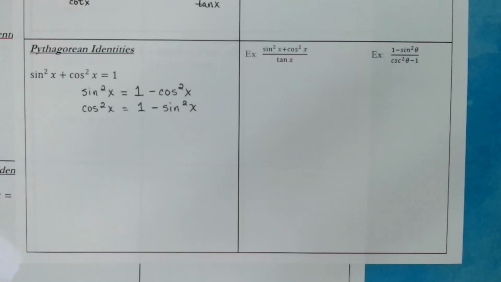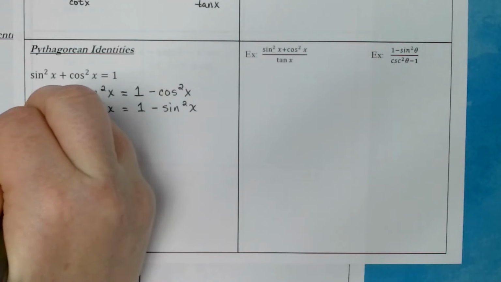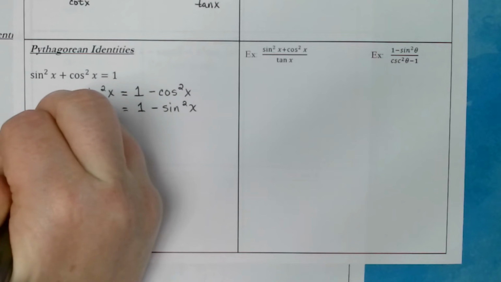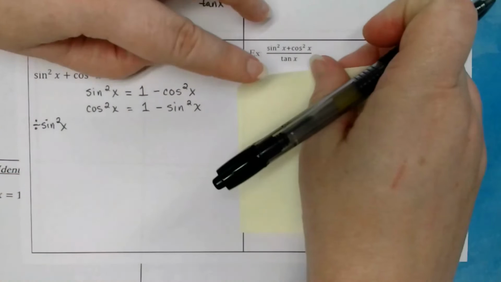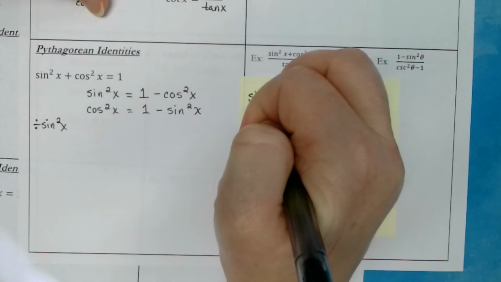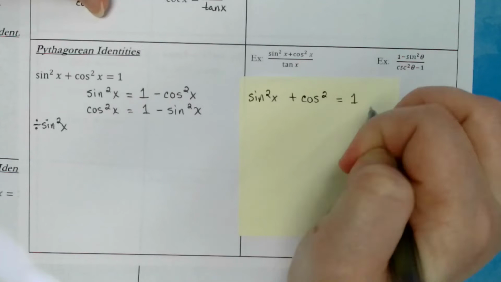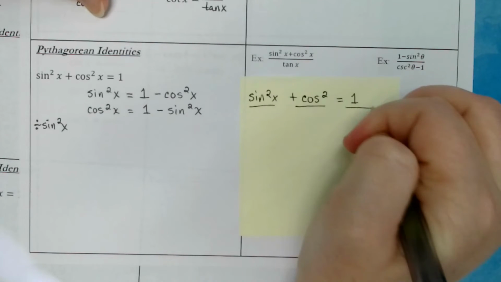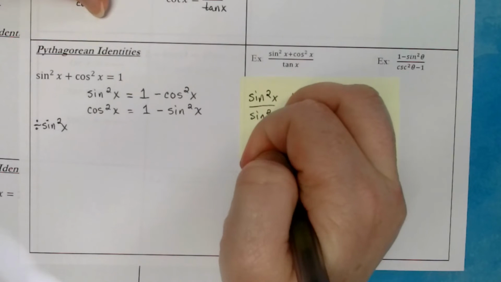What if I have a bunch of cotangents or tangents? So let's divide everything by sine squared x. This gets a little confusing, but it's not a big deal. So if I take sine squared x plus cosine squared x equals 1, and I divide each one by sine squared x.